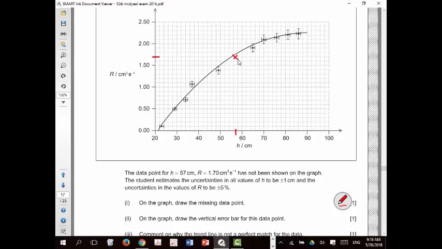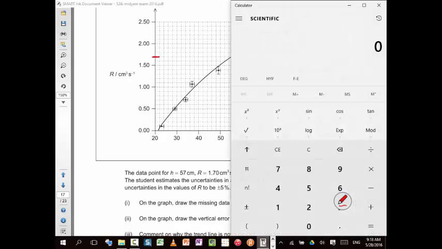And then we want the vertical error bars. Well, the uncertainty in the values of R is plus or minus 5%. So let's figure out what 5% of 1.7 is. 0.05 times 1.7 is 0.085.